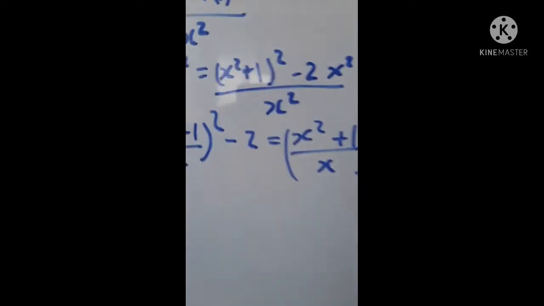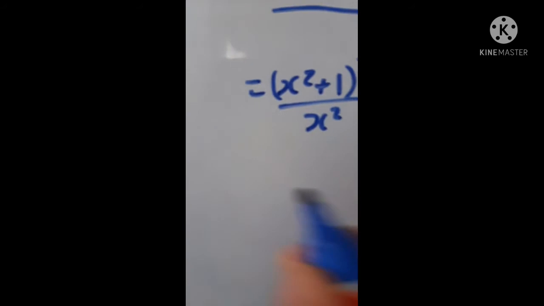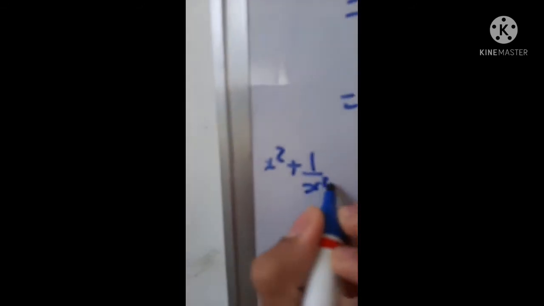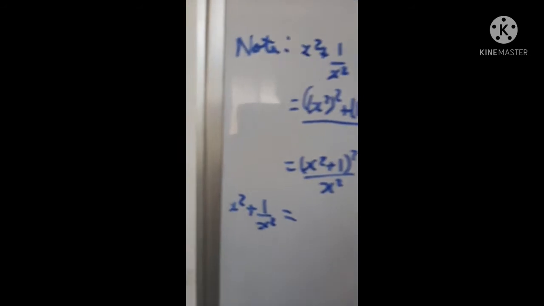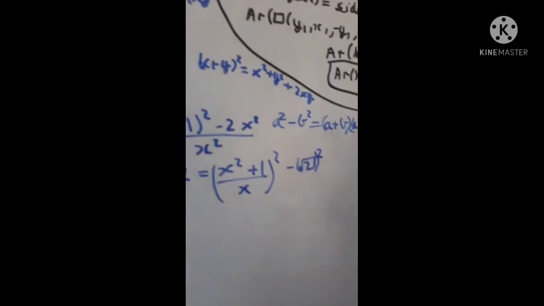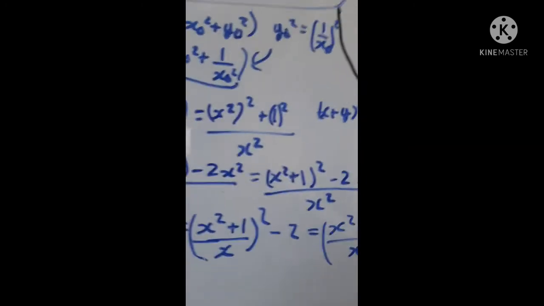So it cancels out, and it's pretty good. So now we're going to use that. I'm going to write this out here, x squared plus 1 over x squared, our original part. And now we're going to take this expression and use this identity on it.